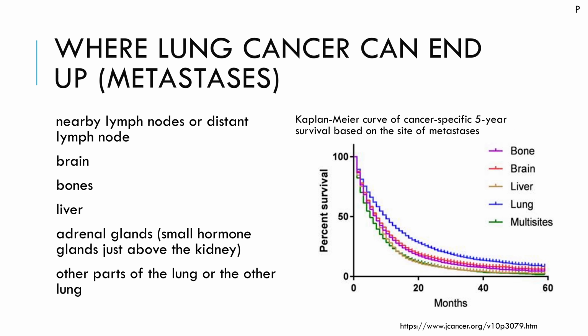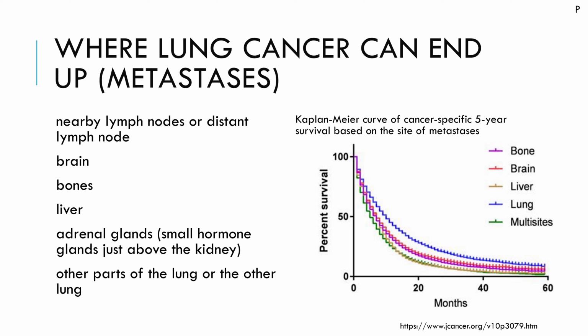Where do the lung cancers actually metastasize to? Matthew mentioned that they initially go to lymph nodes that are close by. They can also end up in distant lymph nodes, the brain, bones, liver, adrenal glands, and other parts of the lung, or in the other side of the non-infected lung.